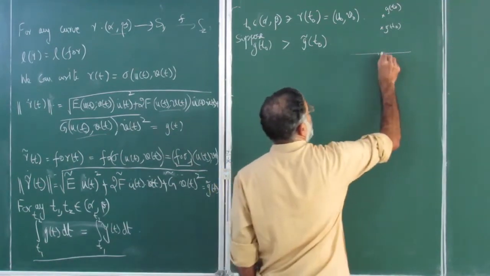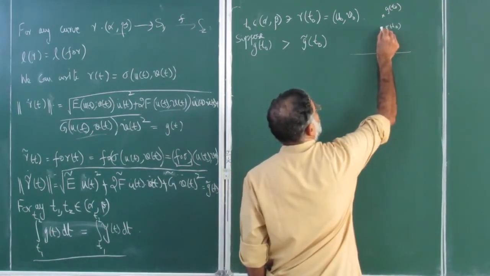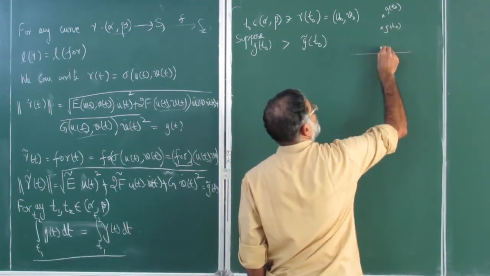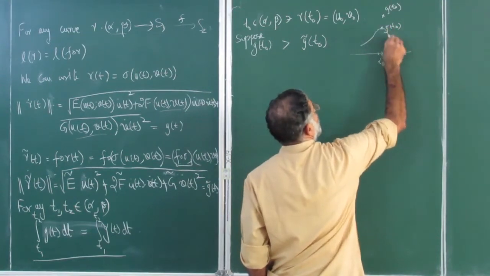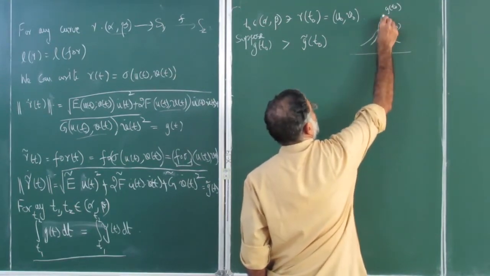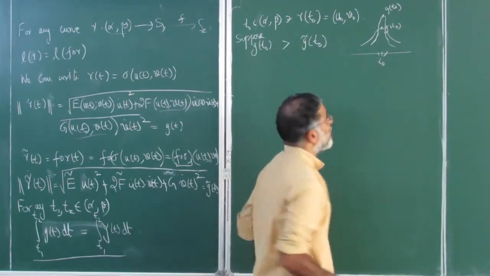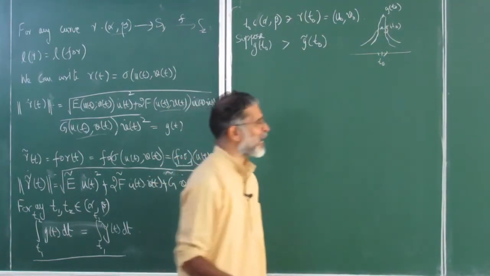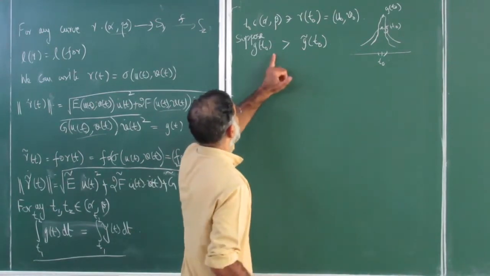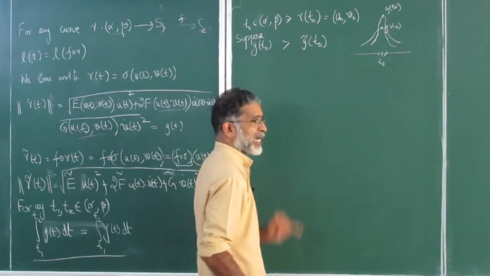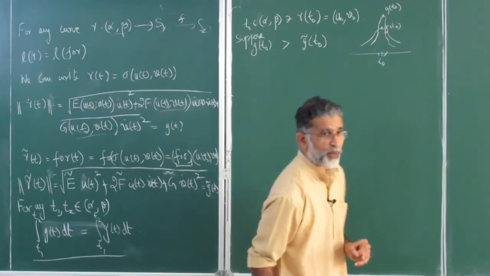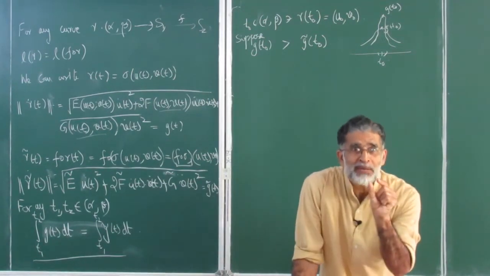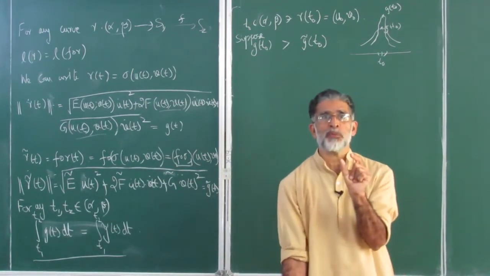Then in a small neighborhood of t naught, this curve cannot come below that. This curve may be going like this, and after some time it may come below that, but in a small interval it will always be bigger. In other words, g t naught minus g tilde t naught is positive, so in a small interval the function has to be positive.